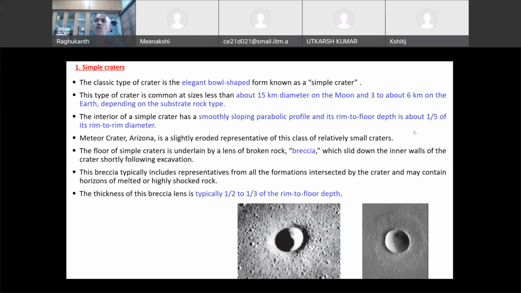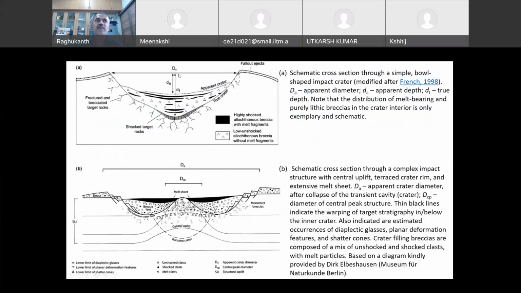They say it is about 1/5 times its rim-to-rim diameter. So the depth of the crater, the rim-to-floor depth, DT, compared with the capital DA, the ratio is almost 1/5.